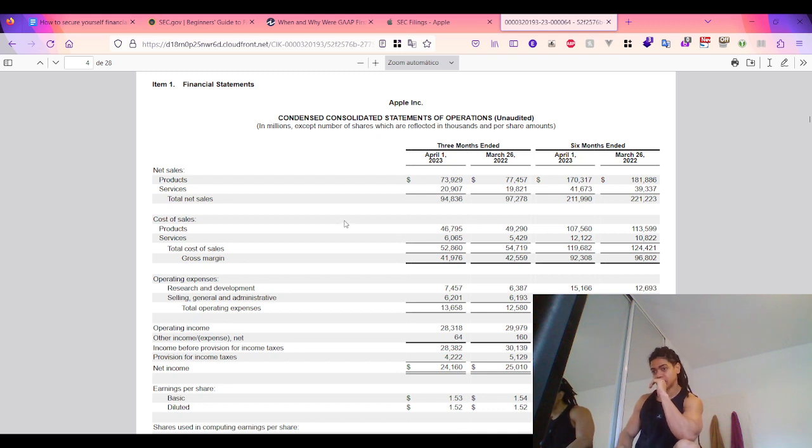This is net sales, cost of sales. This is the cash flow. No, the income statement.